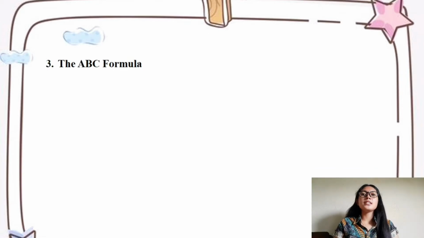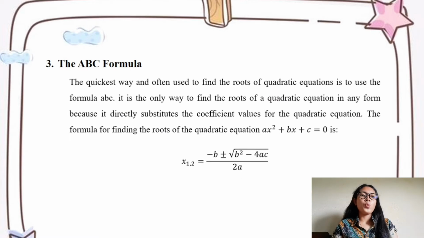Next, the last is the ABC formula. The quickest way and most often used to find the roots of a quadratic equation is to use the ABC formula. It can find the roots of a quadratic equation in any form because it directly substitutes the coefficient values of the quadratic equation.